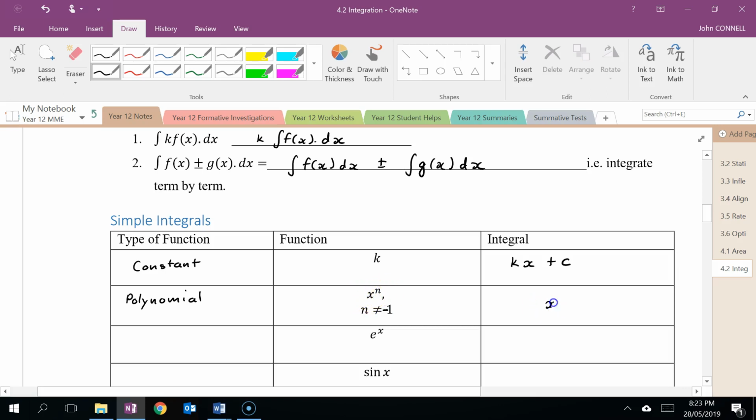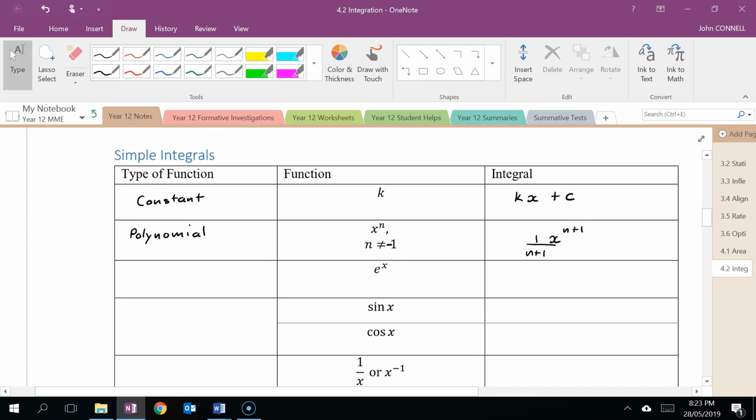So in this case, instead of taking 1, we're going to add 1, and then we're going to divide by the new power. You might wonder, why do we divide by the new power? Why not the old power? Well, if we were differentiating this, it would be the n plus 1 that would come down and cancel with the n plus 1 here, and then we'd just get x to the n. So this would differentiate to give us x to the n.